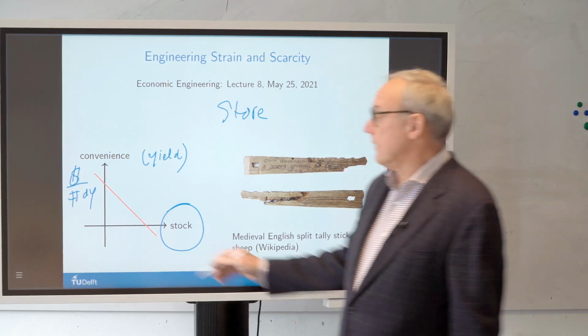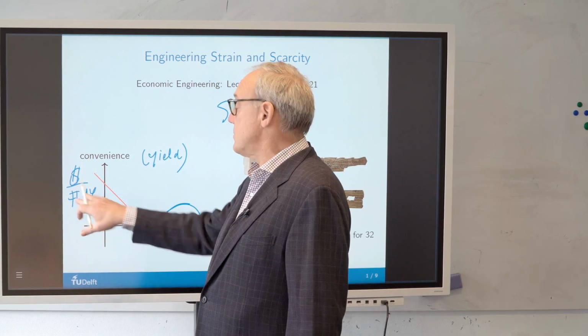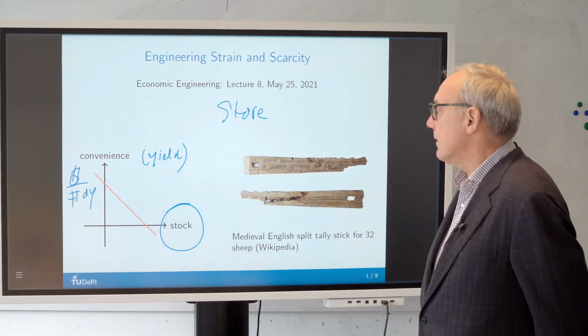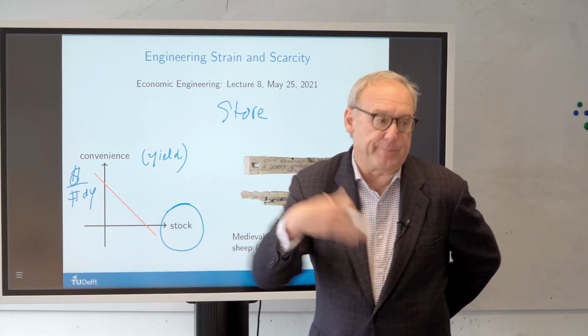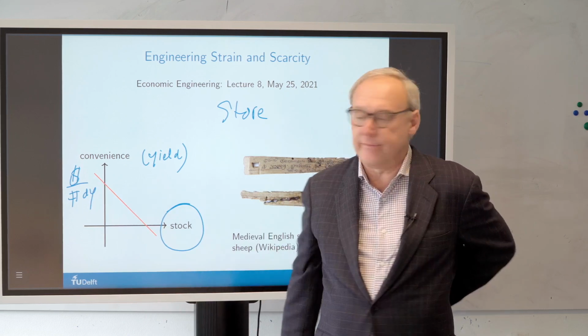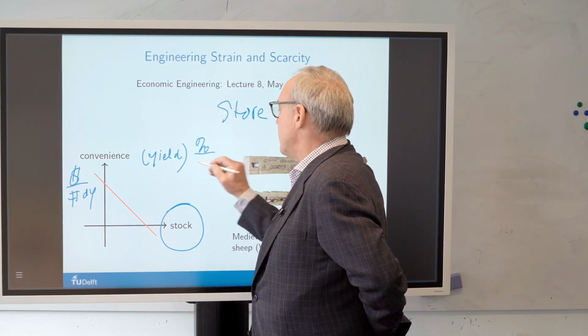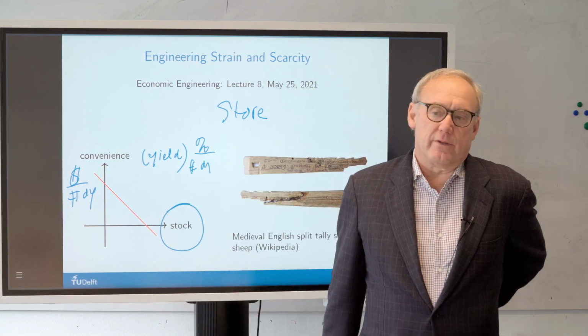So it's convenient to have these apples in storage. You measure it in so many euros per apple per day that you keep this thing in storage. In the old days, this was called the yield because it was like a crop yield. It was something that it would give off. But nowadays, we measure yield always in percents per item per day or something. So I'm just calling this now the convenience.